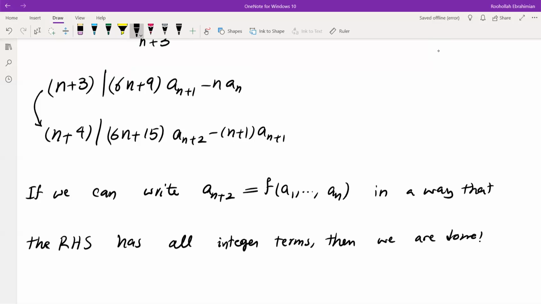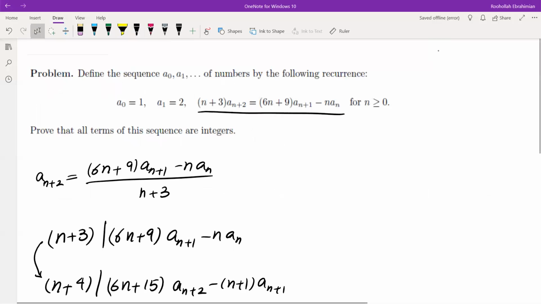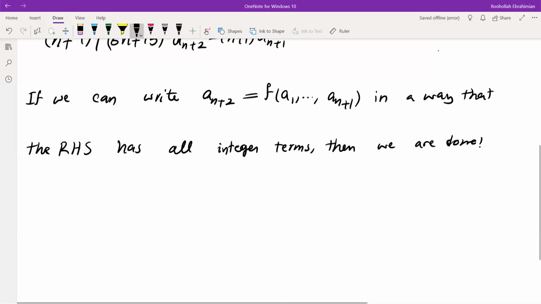So if I can write down a recursion in a way that the right-hand side doesn't look like what I have here, which has a denominator of n plus 3, then I could easily show that a_{n+2} is in fact an integer by using induction. So this seems maybe more plausible. It's not clear how that can be done, but it seems certainly more plausible.